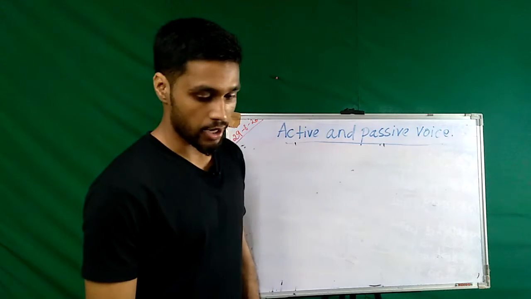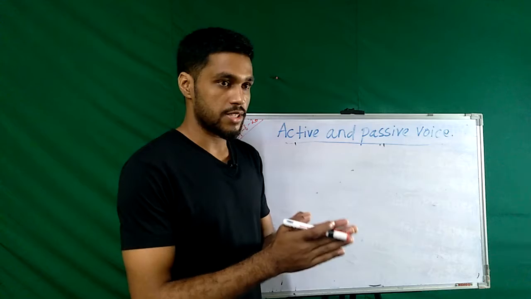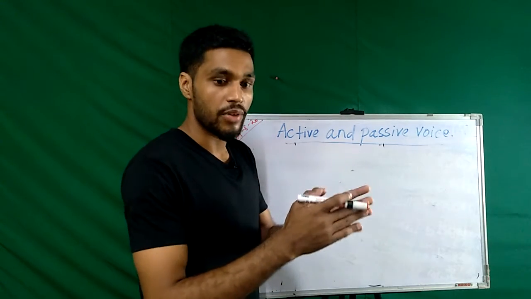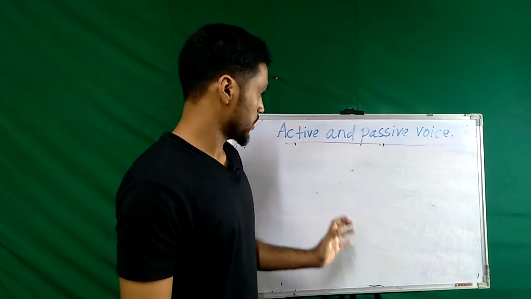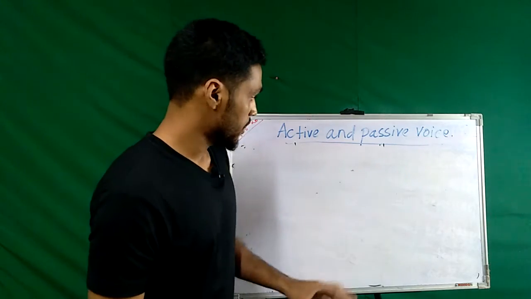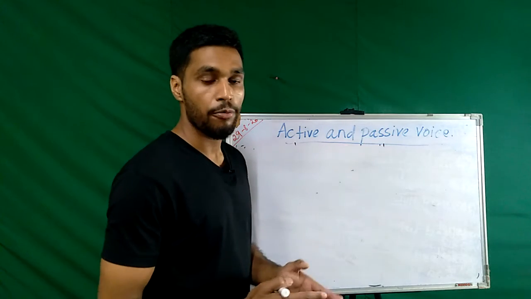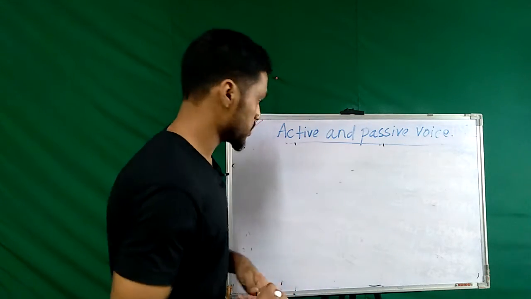We also learned that if the active voice has a pronoun as the subject, then how it is converted to an object. Today in this class we are going to learn the steps of converting the active voice into passive voice.